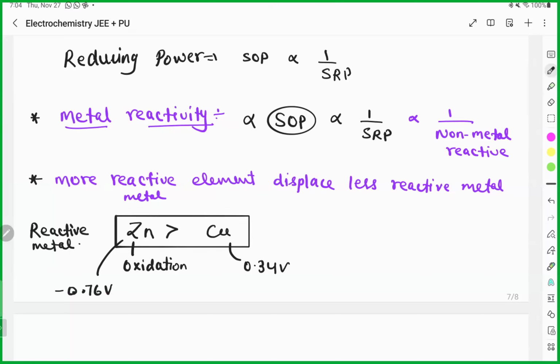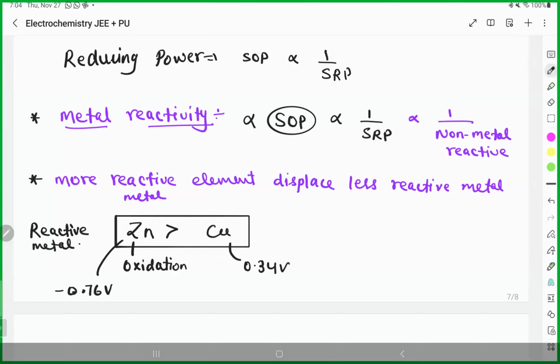Sir, one question. If SOP is more, it gets oxidized more easily. So lithium should have the highest SOP. Yes, lithium has the highest standard oxidation potential, and the least SRP, because whichever element has maximum SOP has minimum SRP, because of the negative sign.